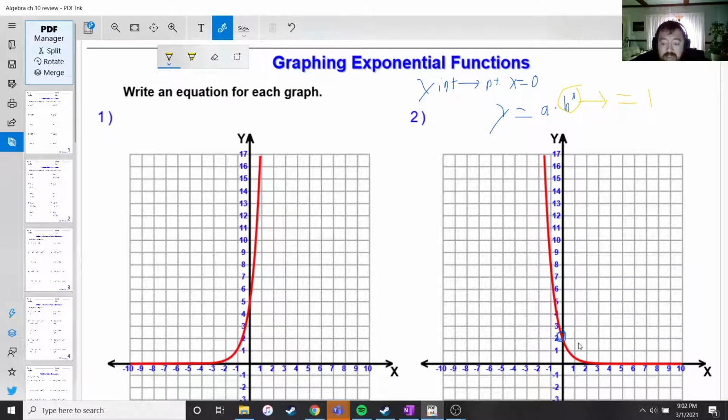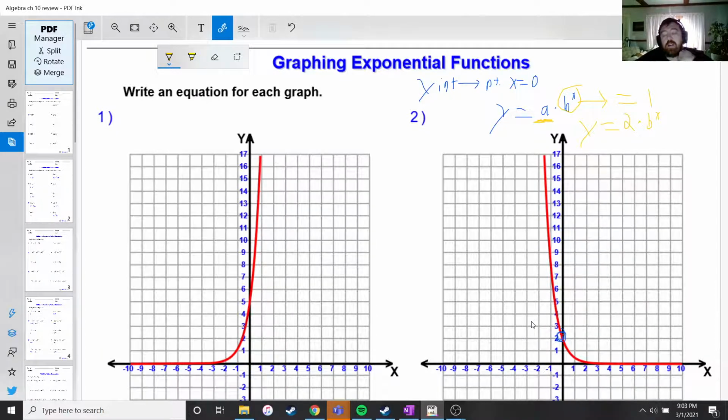So if we have a y-intercept, in this case it's 2, that means that a is going to be our y-intercept value. So our equation is going to start off y is equal to 2 times b to the x power. Okay, now we need to find out what b is equal to.